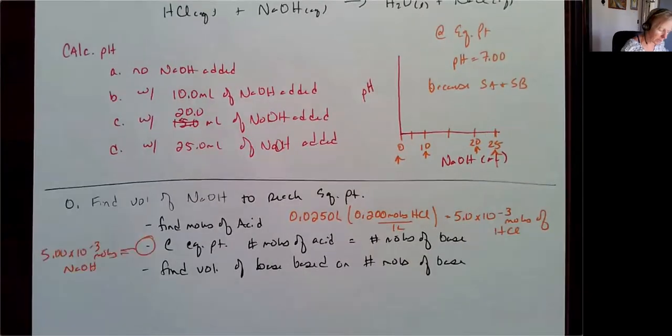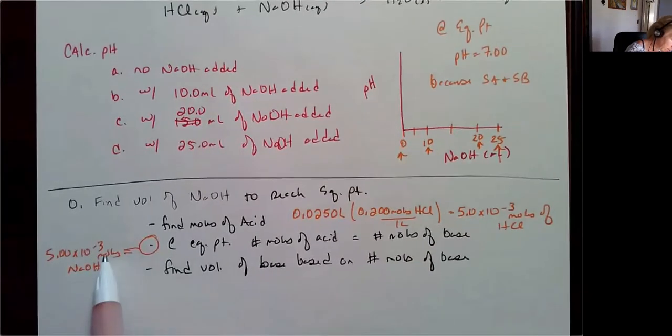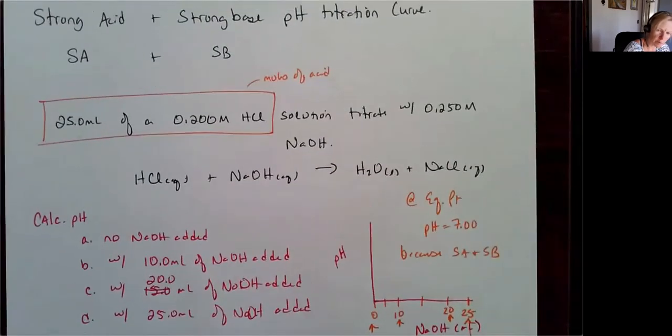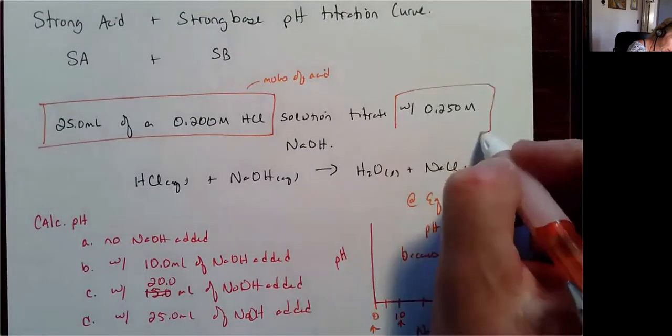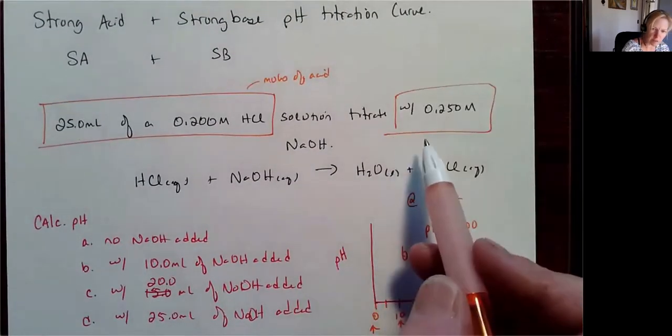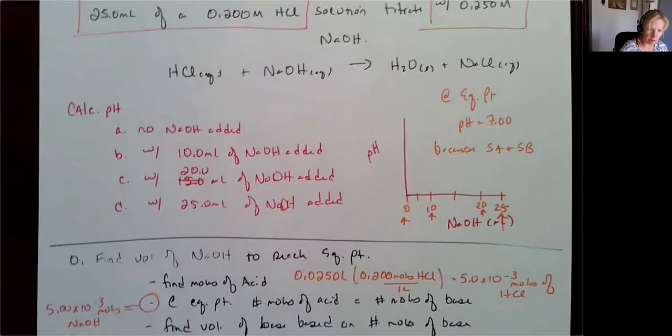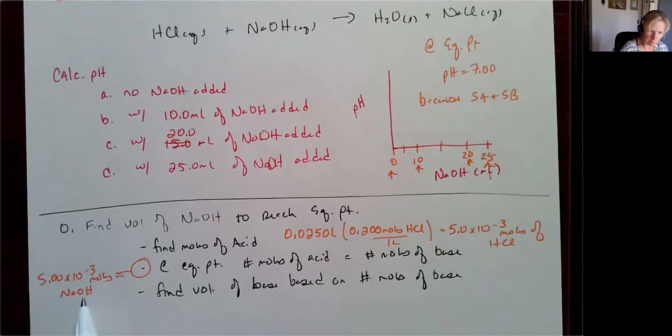Okay, so I'm going to need 5 times 10 to the minus 3rd moles of sodium hydroxide to react all of this acid. And I want to know the volume of the base. So now to do this, I'm going to come up here and I'm going to take the molarity of my base and I'm going to use that to figure out how many milliliters of base I'm going to need to have added in this number of moles of base.